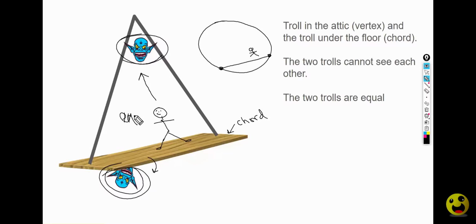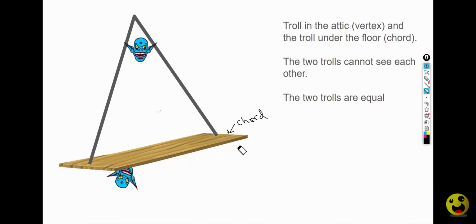Sorry about my bad handwriting again. The two trolls are always equal, always. It's like magic. But I know you are going to need to see this in a proper circle in a little while.